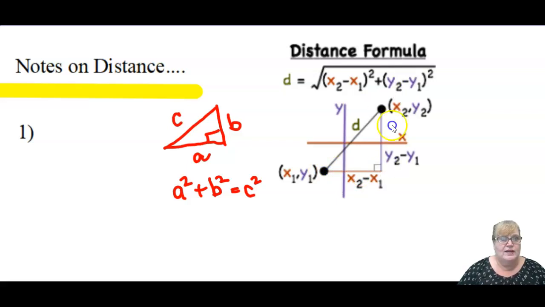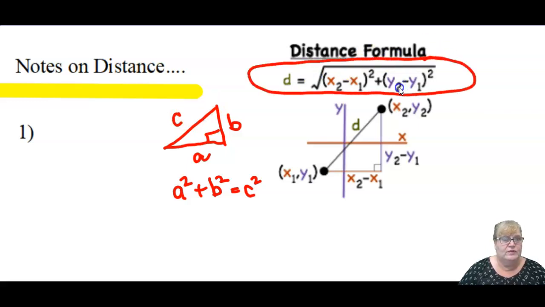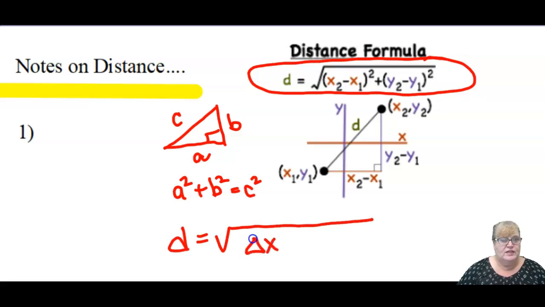The difference in the y's is this distance going vertically. And if we do the Pythagorean theorem, we get the total distance. So this is the distance formula. If you need to write that down, the distance is the square root of the difference in x's squared plus the difference in y's squared.